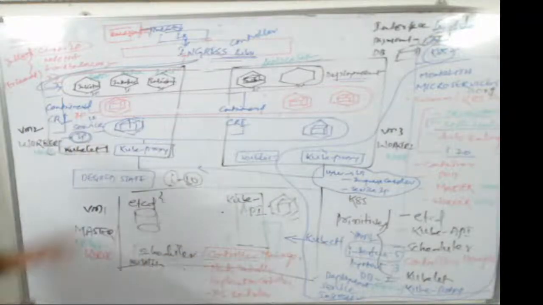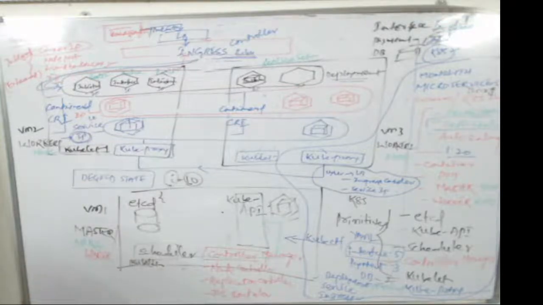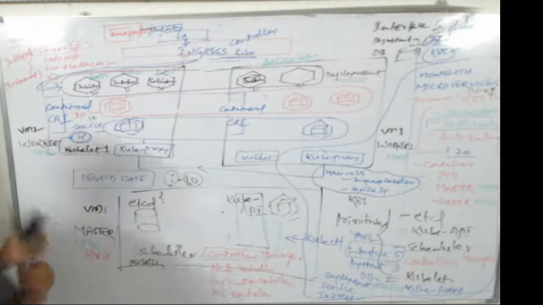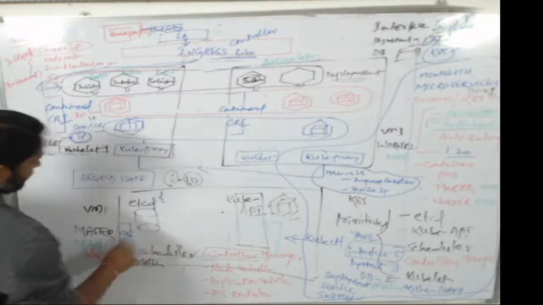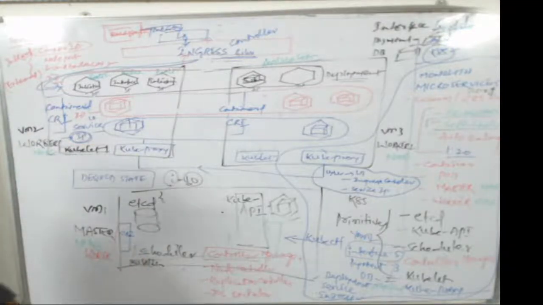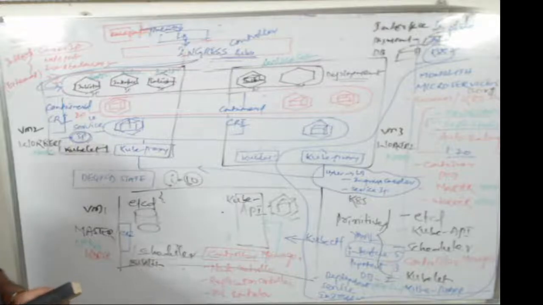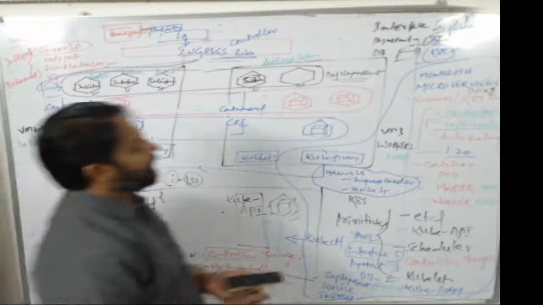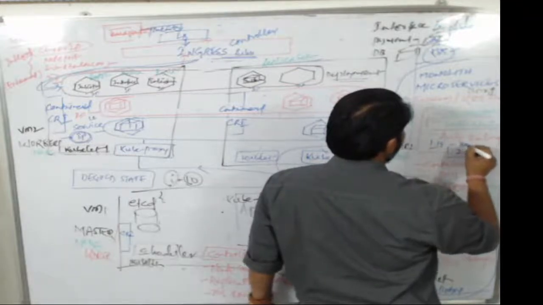Any questions here? Now again, this is the container runtime interface, CRI. All nodes will have a CRI, the container runtime interface. Until 1.19, Docker was the default one.